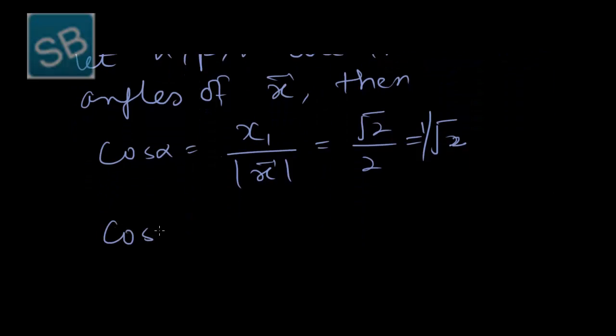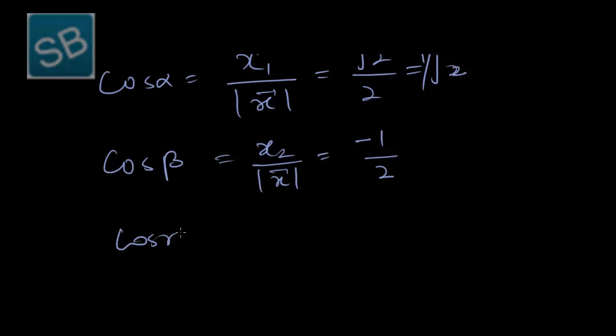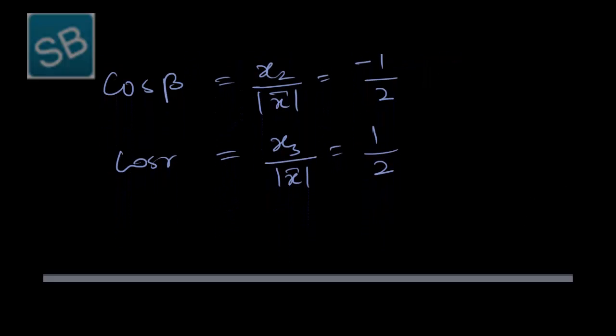Now, if beta is the angle between the y-axis and vector x, then cos beta is equal to the x2 component over magnitude x. So its component is minus 1 over magnitude, that is 2. Now cos gamma is equal to x3 over magnitude of vector x. So we get 1 over 2. So that is our cos alpha, cos beta and cos gamma.